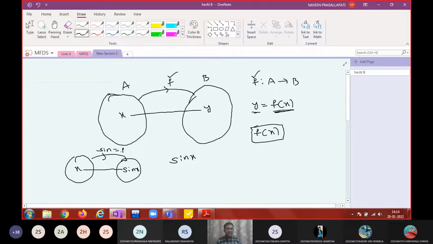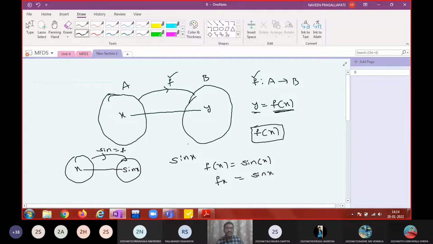If you call this f, then what is f of x? f of x is nothing but sine of x, but we simply write it as sin x, just removing the brackets. Many times, instead of writing f of x, we can simply write fx. So the actual function is sine, and sin x is the functional value.